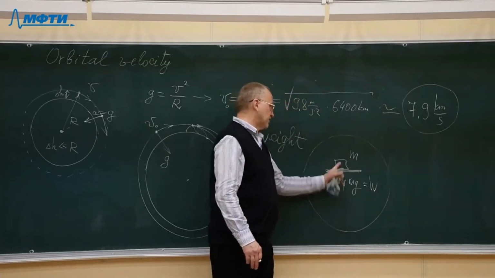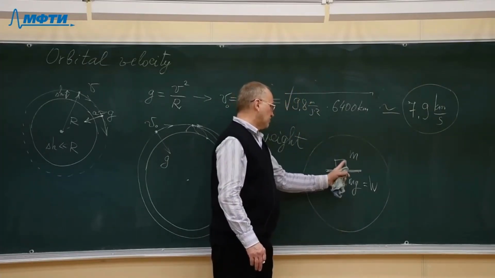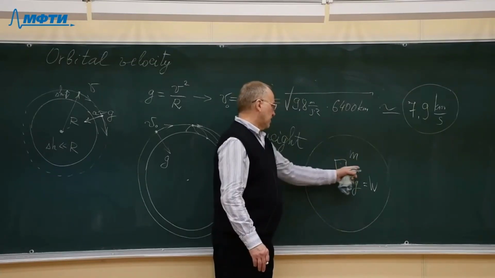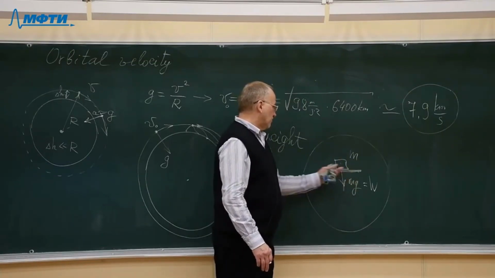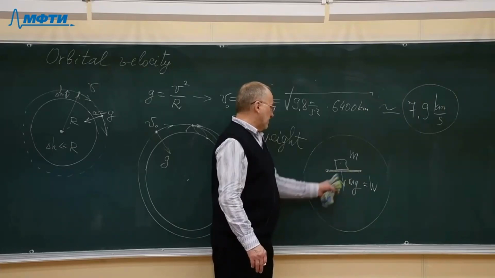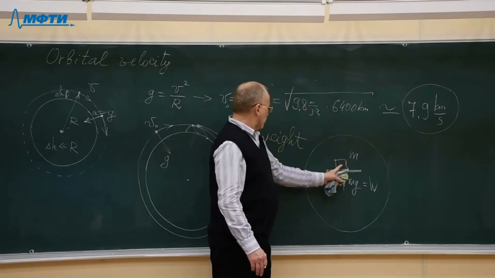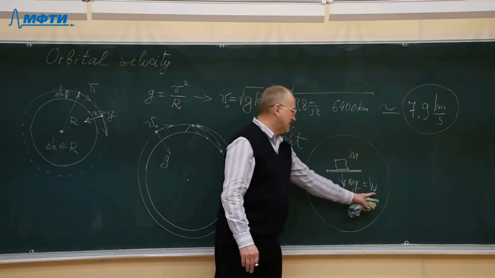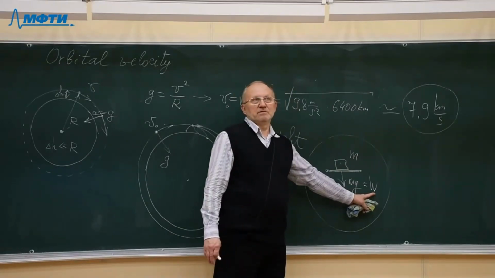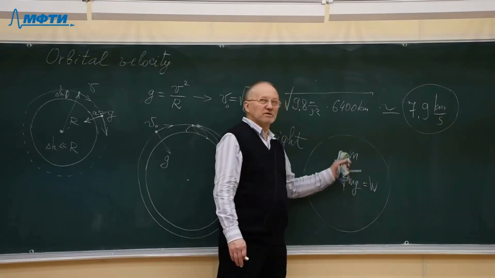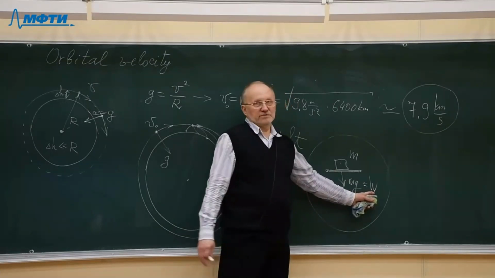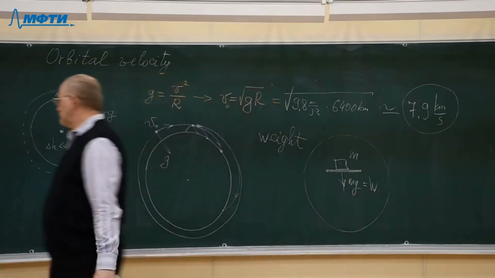So there will be no force acting from the object on the balance surface. So you cannot weigh it. Any attempt to weigh the object will give you zero weight. No weight at all. No force of interaction. That is the weightlessness, the state of weightlessness.